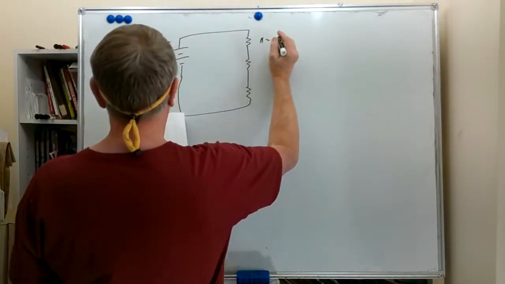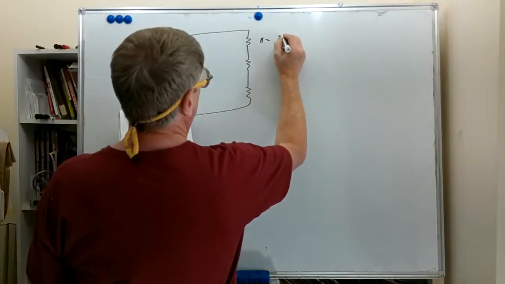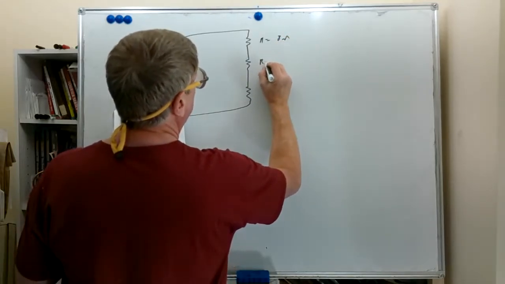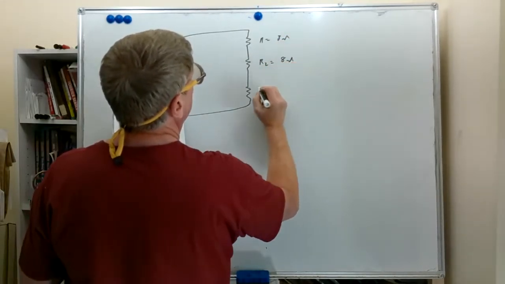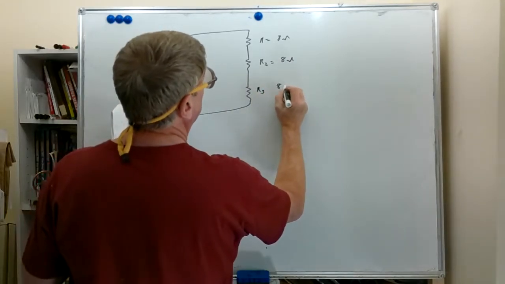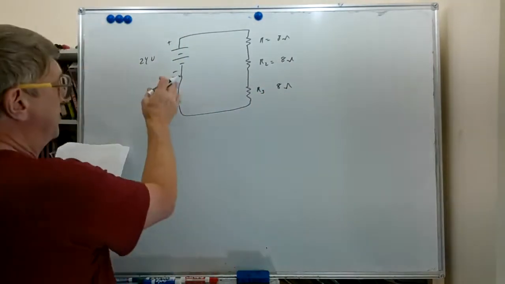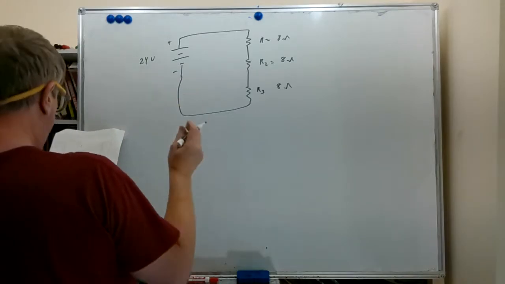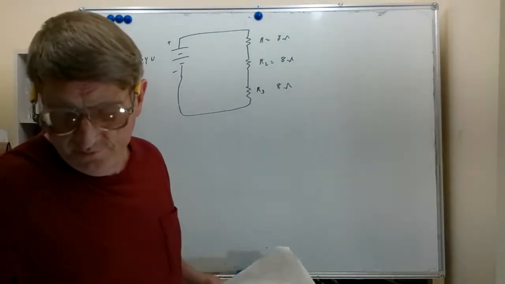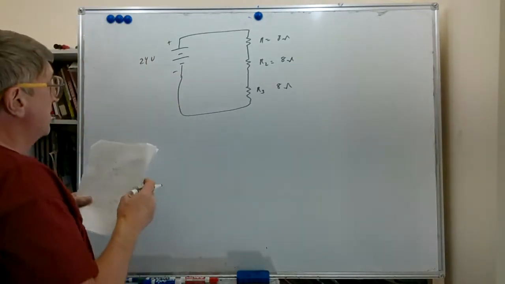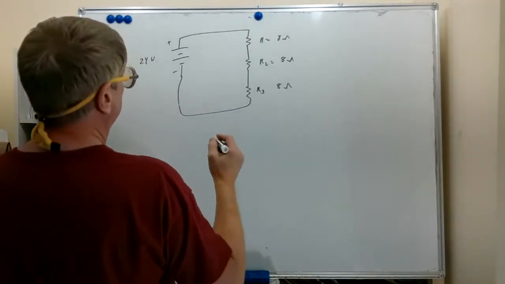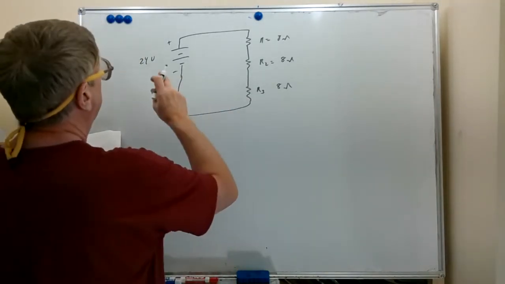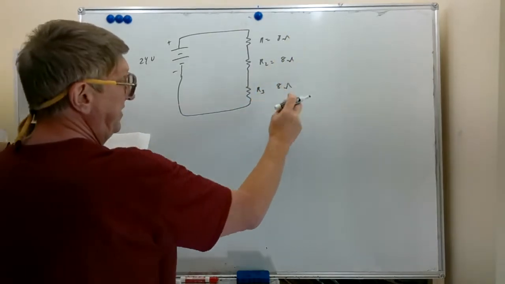R1 is going to be 8 ohms, R2 is going to be 8 ohms, R3 is going to be 8 ohms. Now we've drawn this with the negative terminal down here, and we have 24 volts. 8 plus 8 plus 8 is 24.